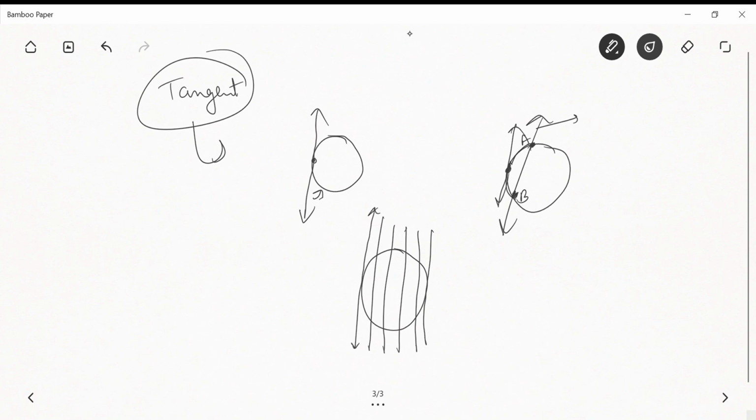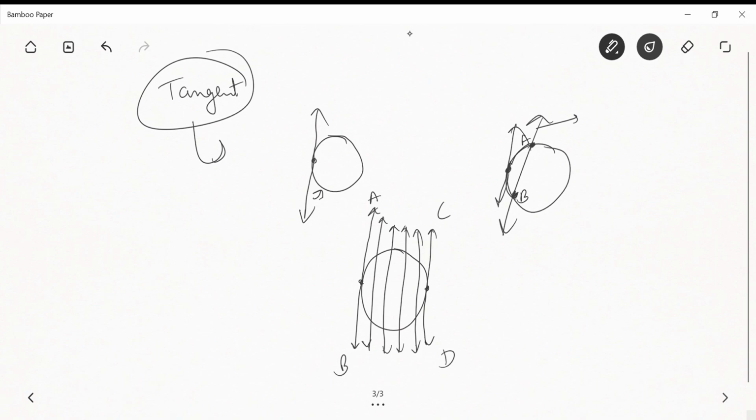For every given secant of a circle, there are exactly two tangents which are parallel to it. See, AB and CD are the exactly two tangents which are parallel to it and touch the circle at two diametrically opposite points. I hope this is clear to you.